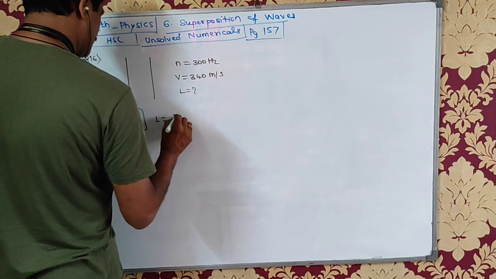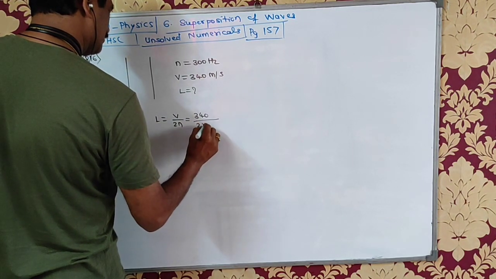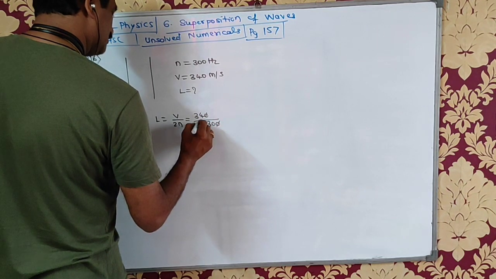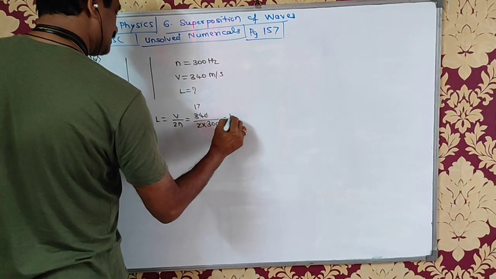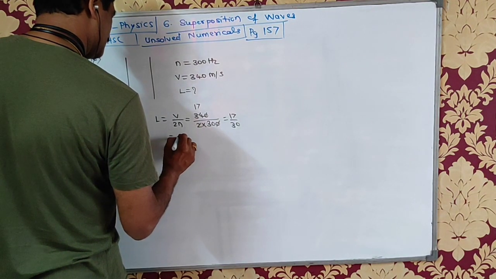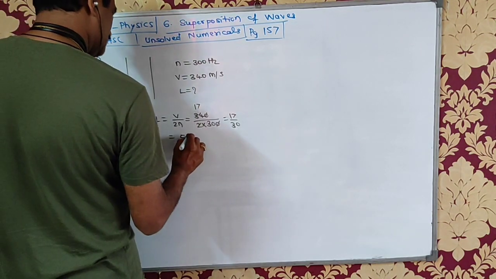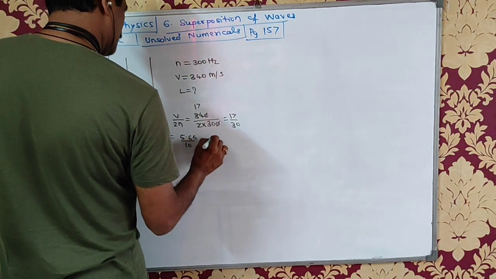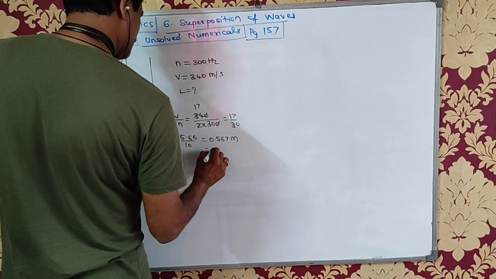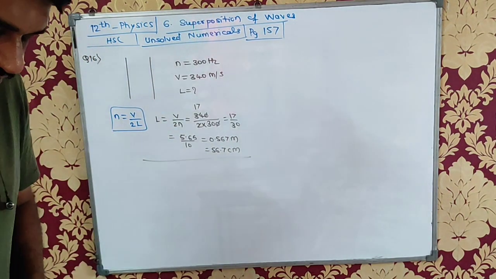So L is equal to v upon 2n, that is 340 upon 2 into 300, which gives 17 upon 30, that is 0.567 meter, yes, 56.7 centimeter. So here is the length of the tube.